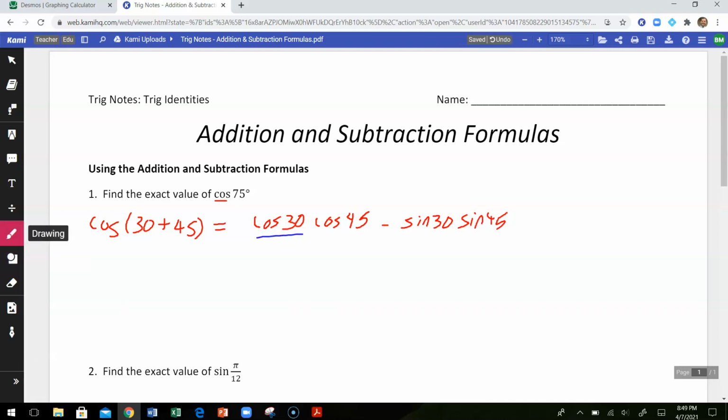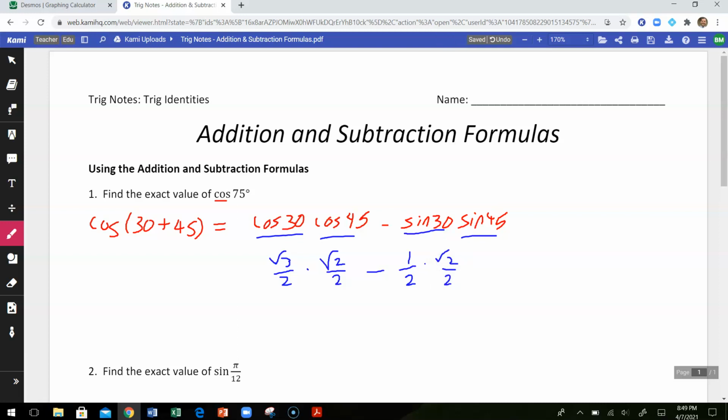So the cosine of 30, that's the square root of 3 over 2. That's a unit circle angle, so we know that. We can use our trig cheat sheet to find that if we don't know that. Cosine of 45 is root 2 over 2, so I've got root 3 over 2 times root 2 over 2, minus the sine of 30 is 1/2, and the sine of 45 is root 2 over 2.